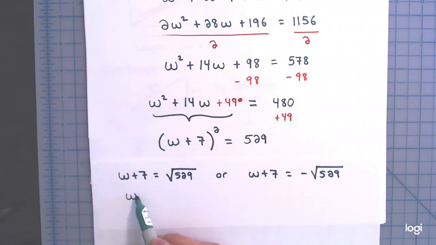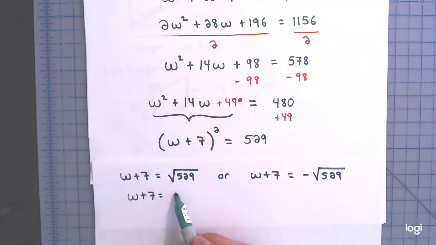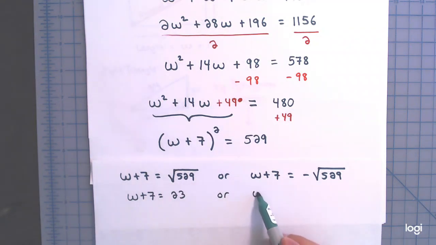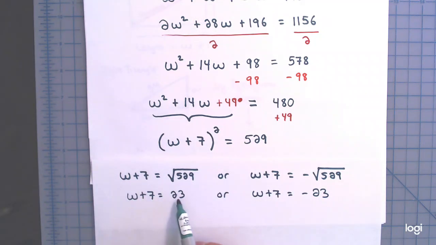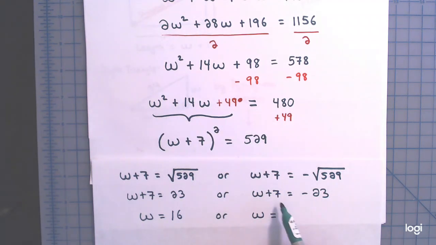So w plus 7 could be 23, or w plus 7 could be the opposite of that, negative 23. And I solve each of these for w, and then of course we'll check them. Here I would subtract 7 from both sides. We get w equals 16. Or, same thing over here, I'd subtract 7, w equals negative 30.